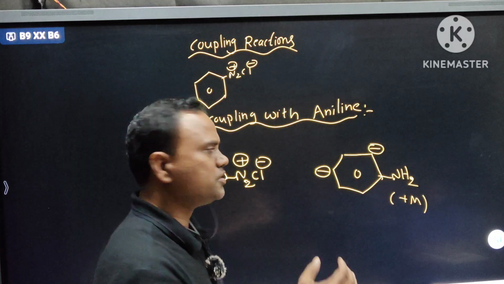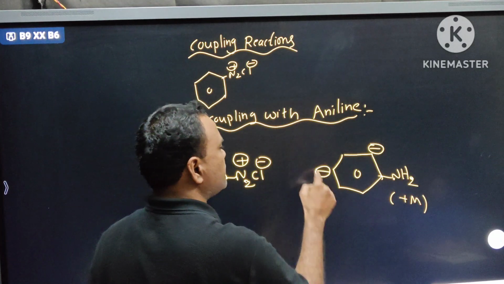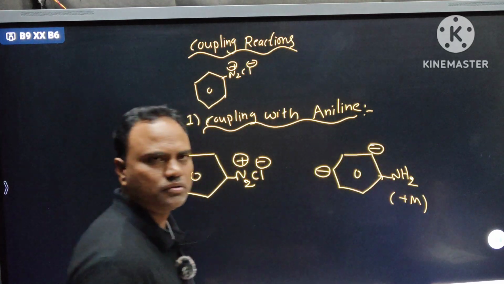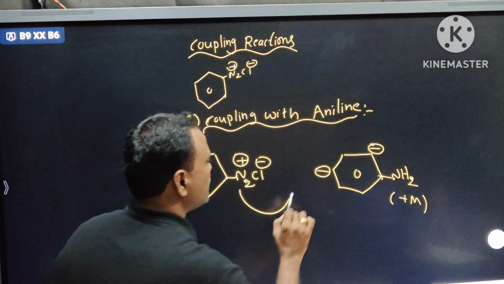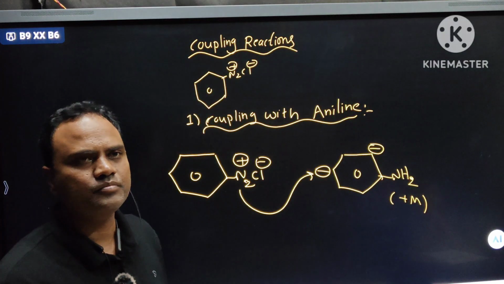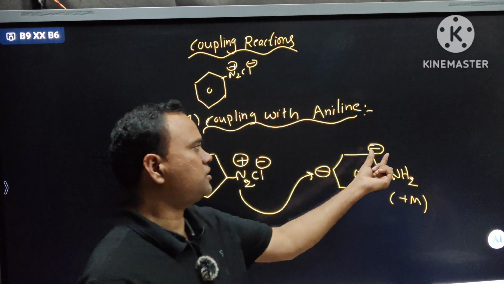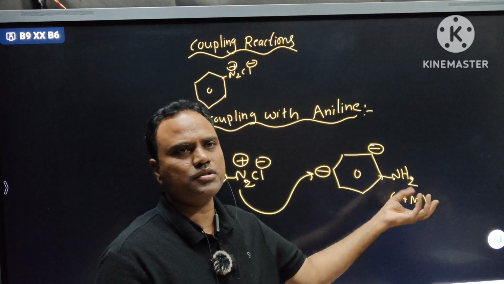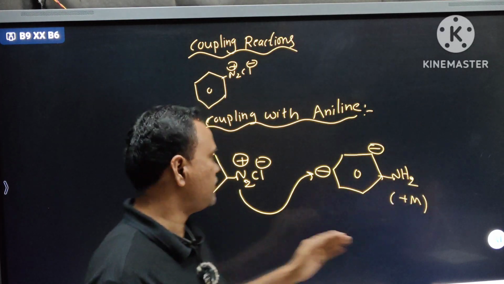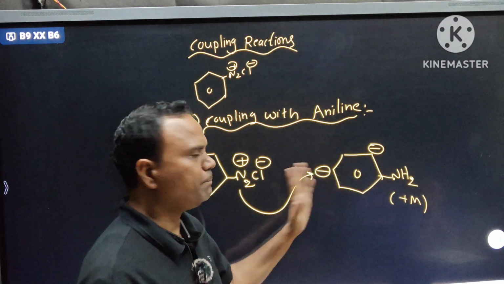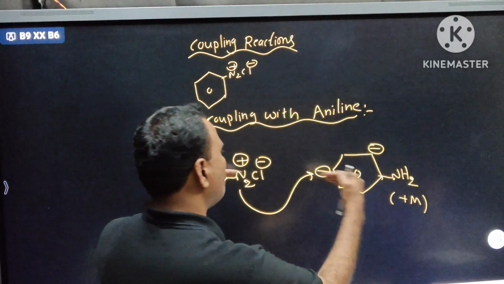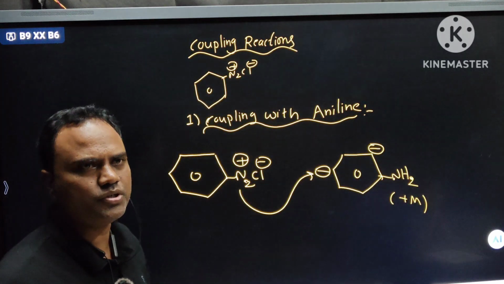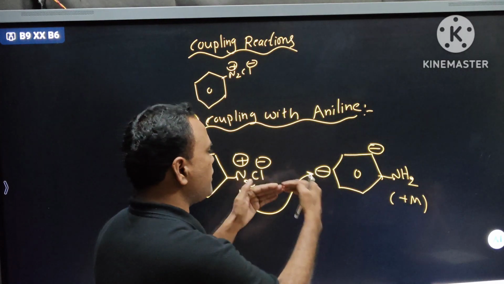Due to some repulsions, the positive charge prefers this site only, not this site. So nitrogen attacks this site. Why? Because here some obstacle is there, some crowding. That's why nitrogen prefers the para position only. So coupling will take place in the para position, and through the para position both will join together.